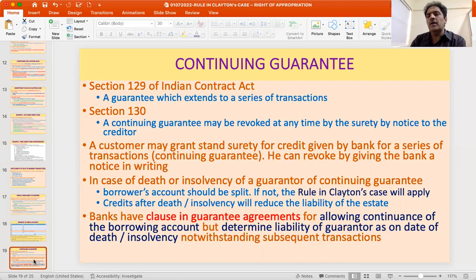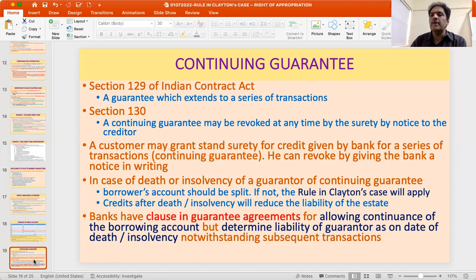And all debits that are going to be there will be the liability only of the person who is subsequently there. So what banks generally do to beat this Clayton's rule is not to have a split of account, but have a clause in the guarantee agreement saying that if the person dies, then the liability will be determined as on the date of the death or insolvency of the person, but the account will continue to be running.